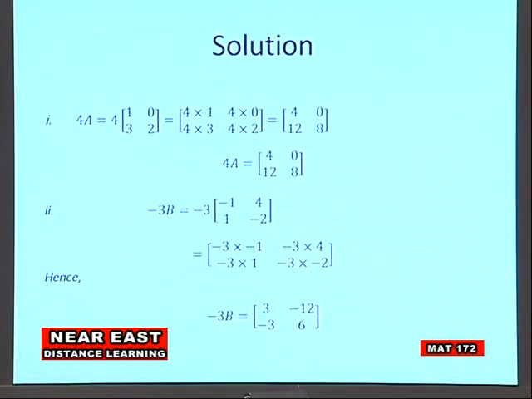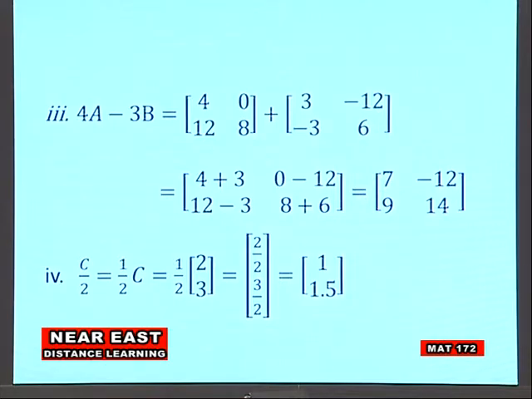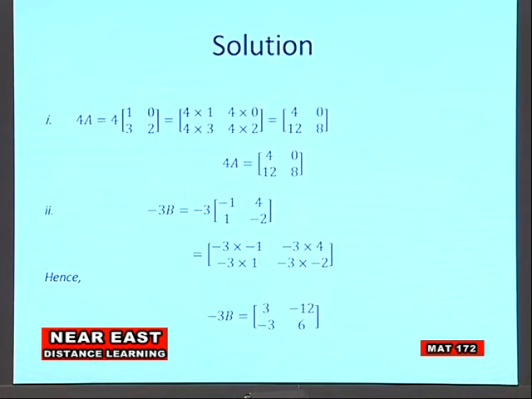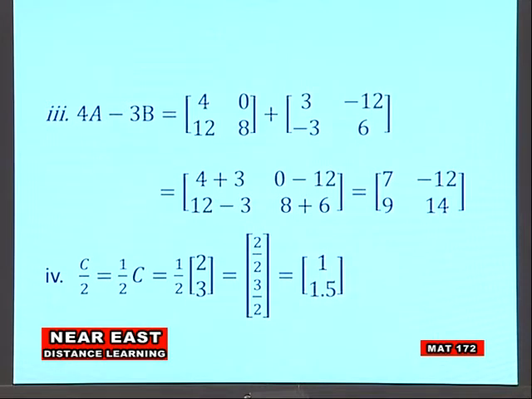So now the next example is to find 4A minus 3B. The first is 4A. The second one is minus 3B. So the third one is just adding them, because 4A plus minus 3B is 4A minus 3B.